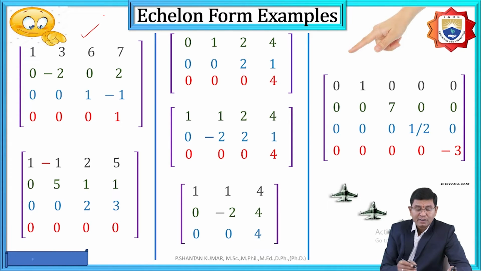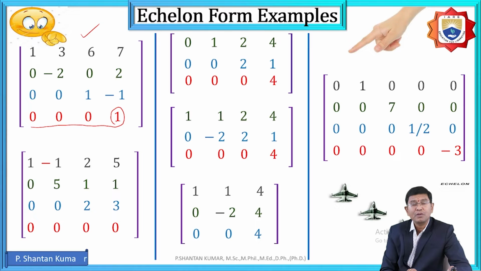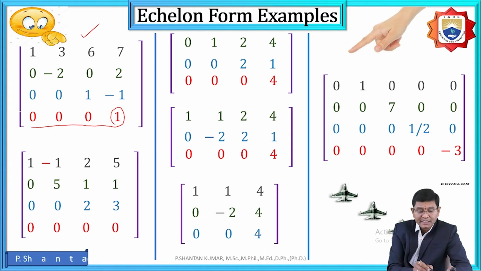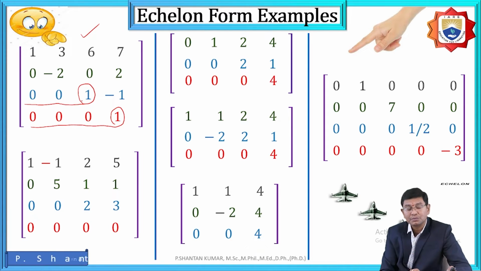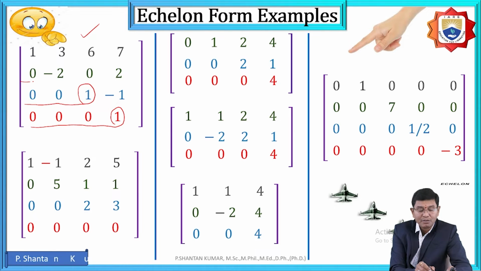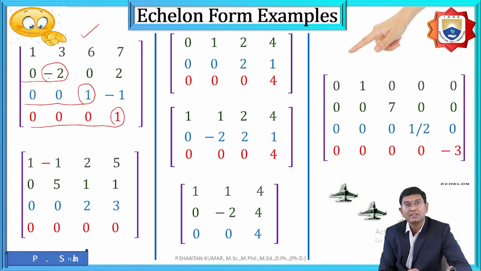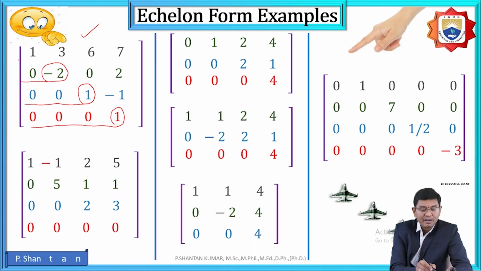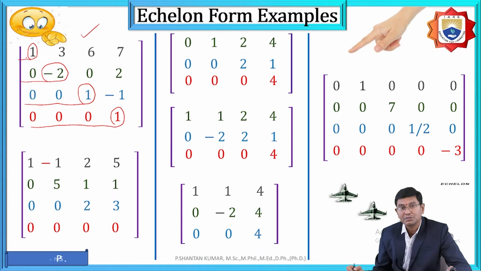For example, in the last row, the first non-zero element is 1, and before the 1 the number of zeros is 3. In the next row, the first non-zero element is 1, and before it the number of zeros is 2. In the second row, the first non-zero element is -2, and before it there is 1 zero. And in the first row, the first non-zero element is 1, and before that there are no zeros.